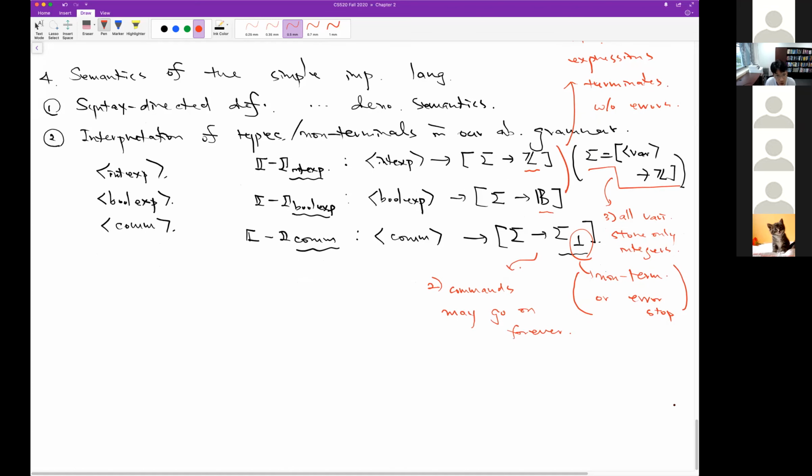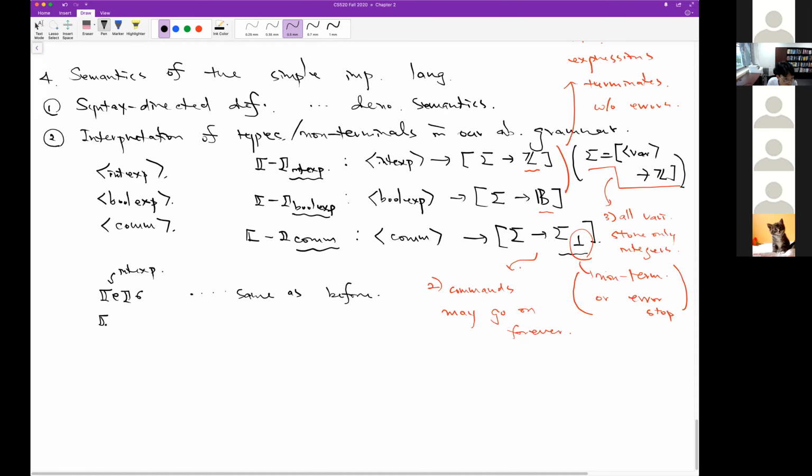Now, based on these decisions, we can express its semantics in a syntax-directed way. For integer expressions, this is the same as before. If you provide a state sigma, that's essentially the same definition that you saw before.